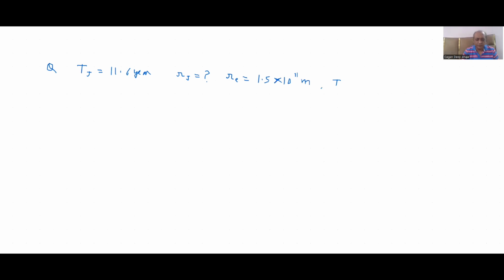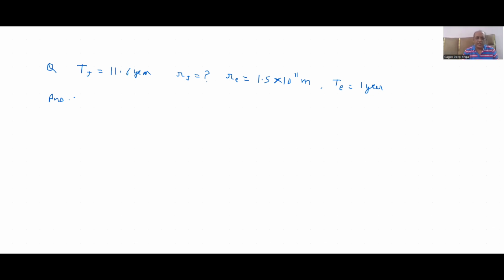So this is a question based on Kepler third law, which says that T square is directly proportional to R cube. So here, the distance and time period of Earth are known to us. Time period of Jupiter is also known and the distance of Jupiter is required to be found.